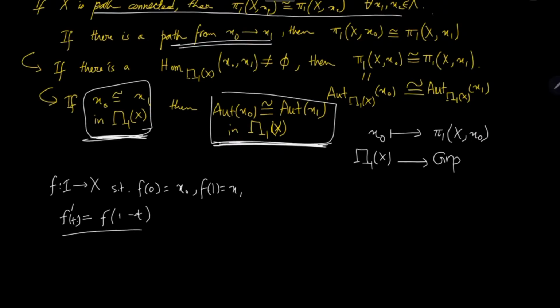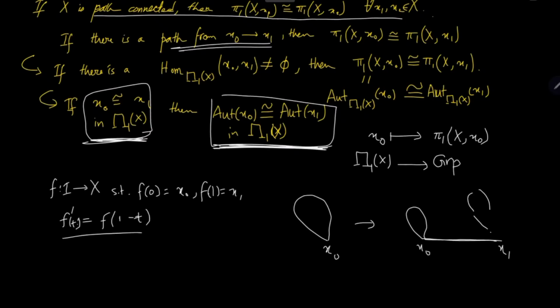There's an inverse path like that, and so for any loop based on x0, you can extend this loop: from x1 you draw a path to x0, then you do the loop, then you go back by the path, and that is essentially a loop on x1. So this gives that each loop based on x0 corresponds to a loop based on x1.